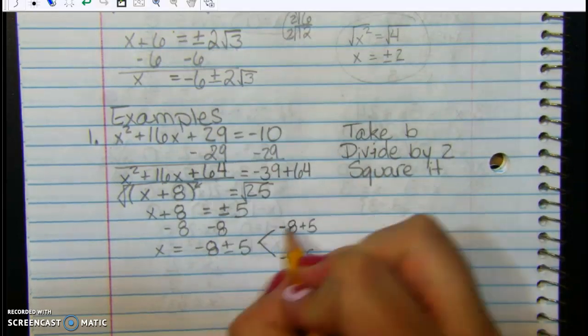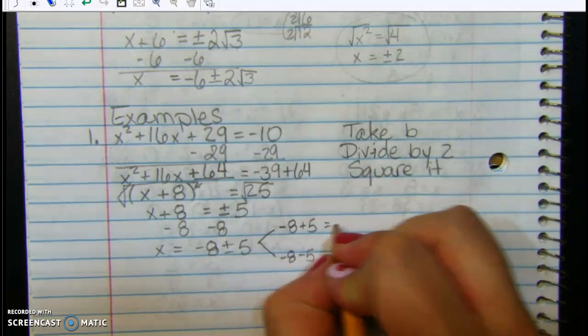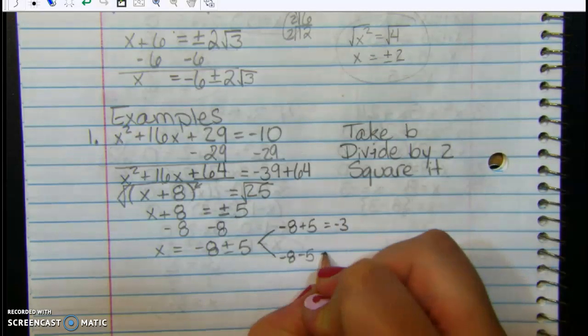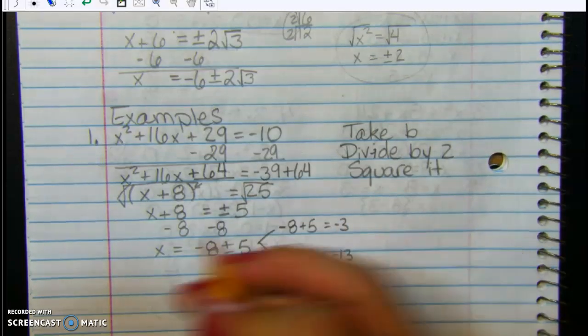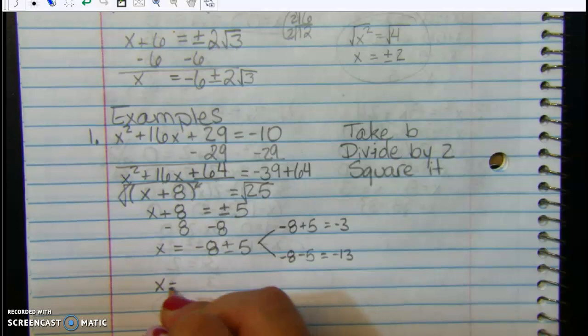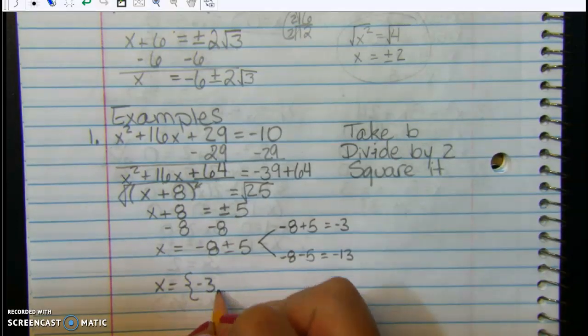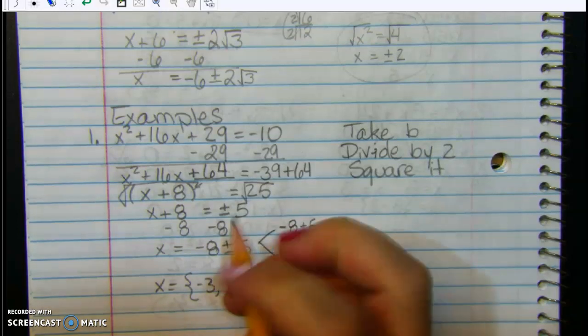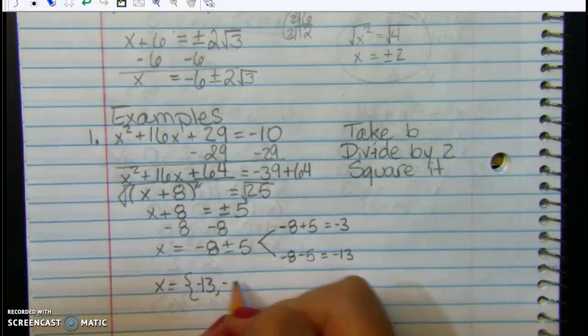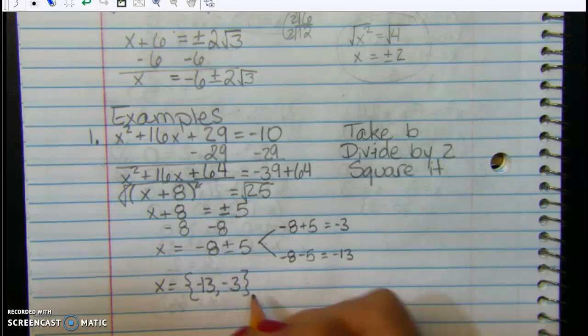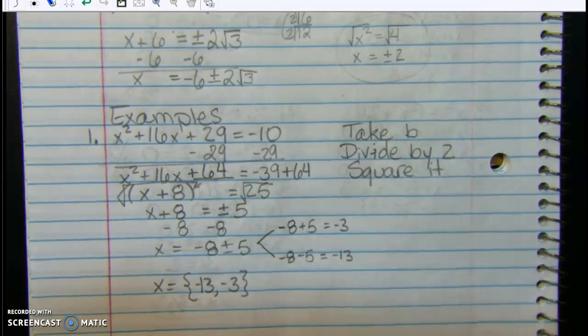Negative 8 plus 5 is negative 3. Negative 8 minus 5 is negative 13. So our two answers, remember quadratics often have two answers, are negative 13, if you want to write them in order, and negative 3.